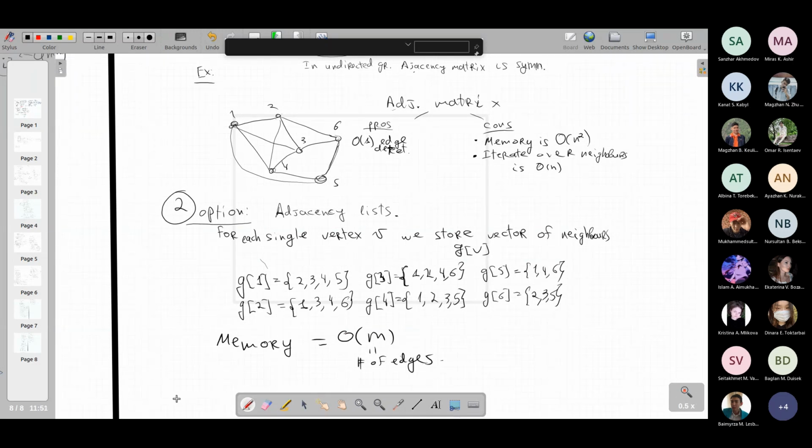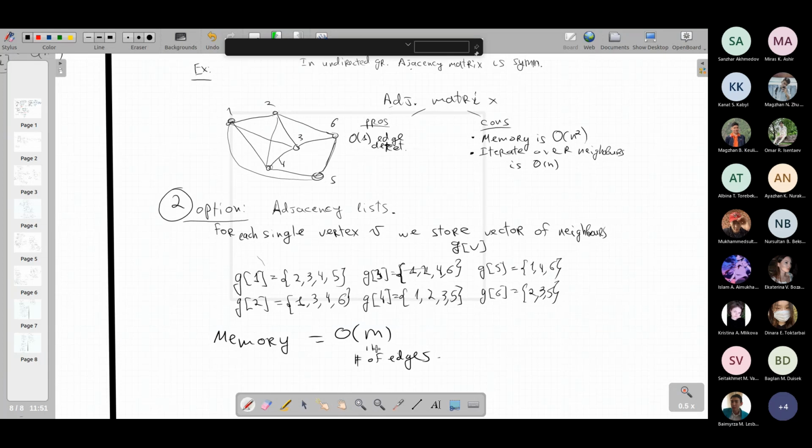Why is this so? This is not trivial, but quite interesting. The sum of the number of elements in all the adjacency lists is comparable to m.